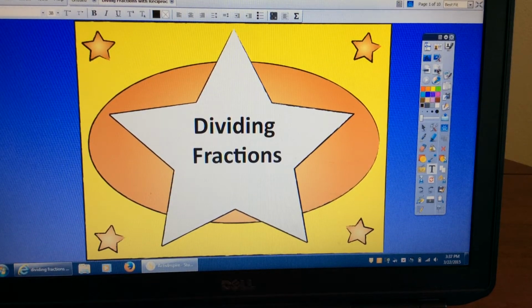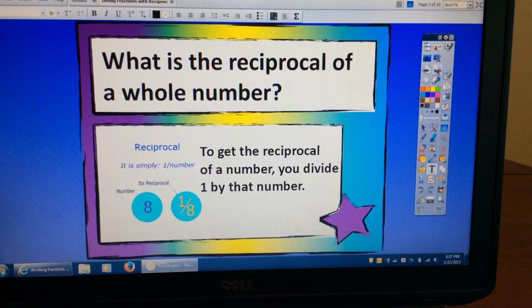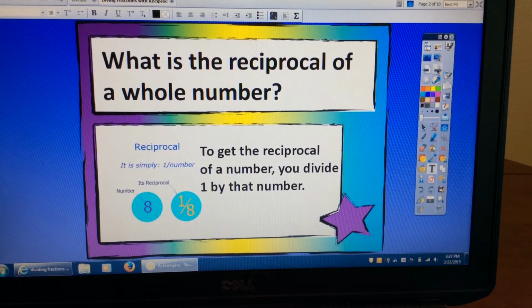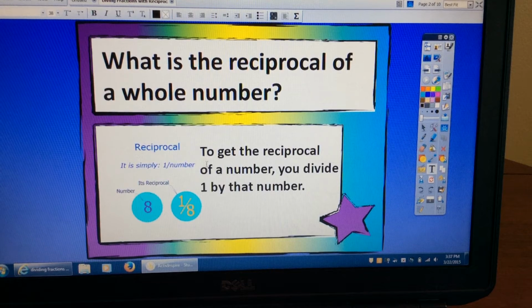Dividing fractions. One of the first things you have to know is how to make a reciprocal of a number or of a fraction. We're going to start off first with the reciprocal of a whole number. You get the reciprocal of a whole number by dividing 1 by that number.